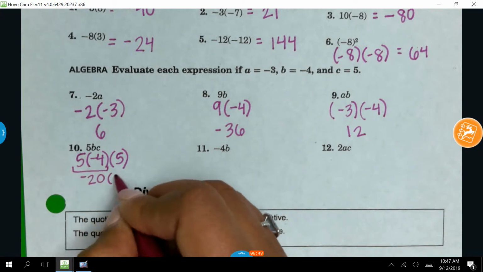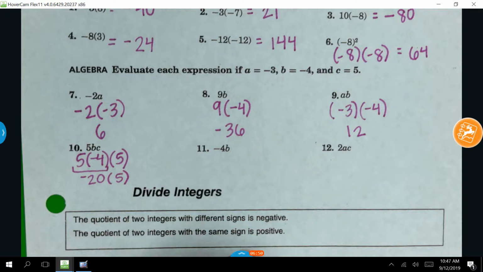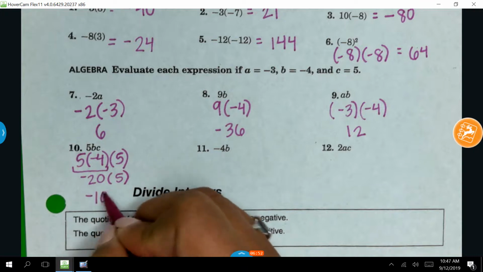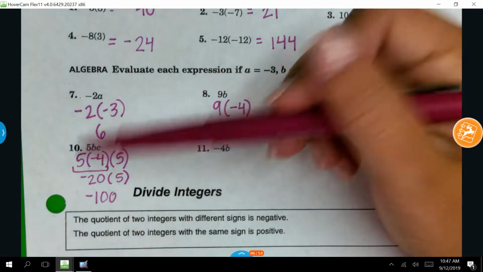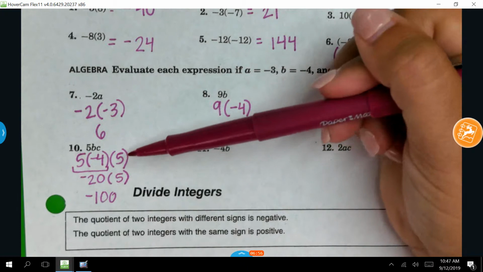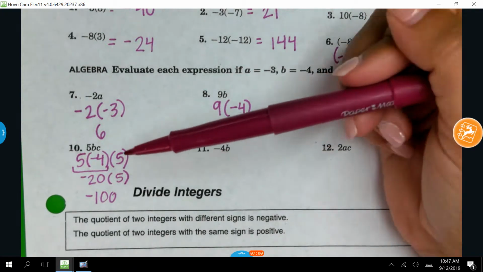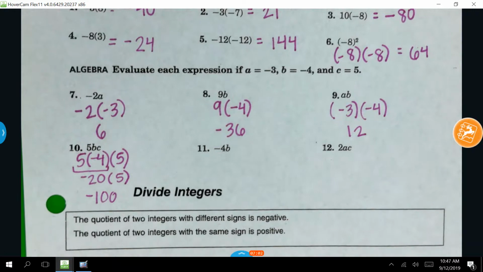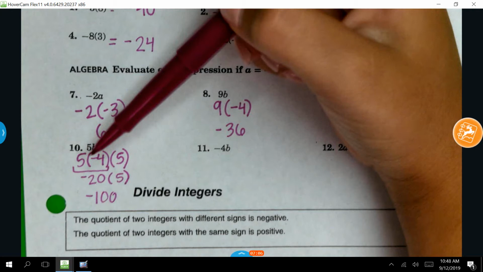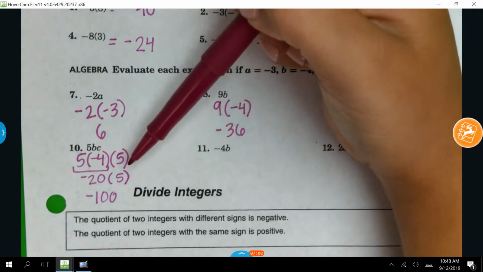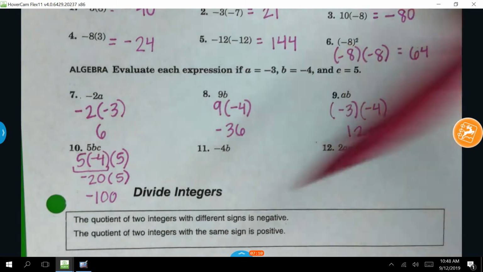So then -20 times 5 gives me what? Good. -100. Could I have multiplied 5 times 5 first? Yeah. Why? Multiplication's commutative, which tells me that you can multiply in any order and still get the same answer. So we've got to remember those properties.